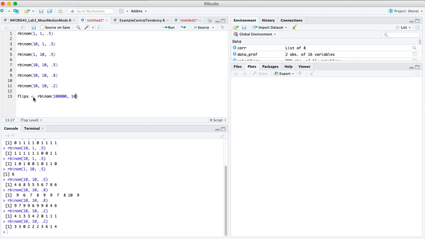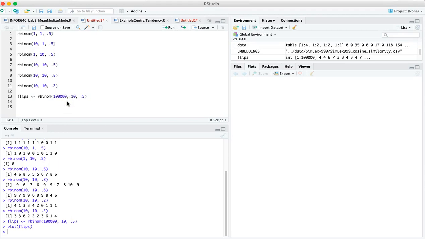Let's say each person does whatever experiment they're working in 10 times. And there's a 50-50 chance of coming out positive. So it is unweighted. And then we'll go over here and we want to see what the outcome is. So we're going to type hist and then flips, and we'll say probability equals true.